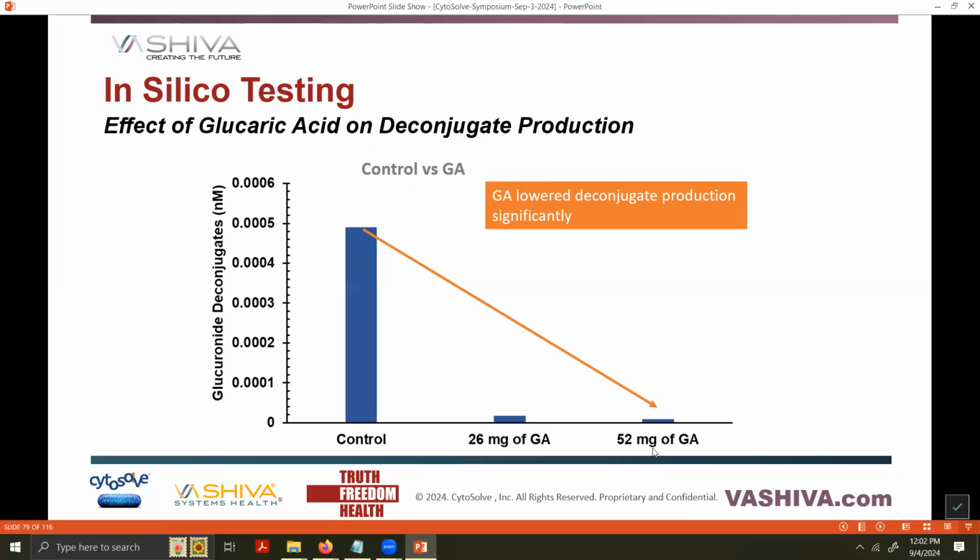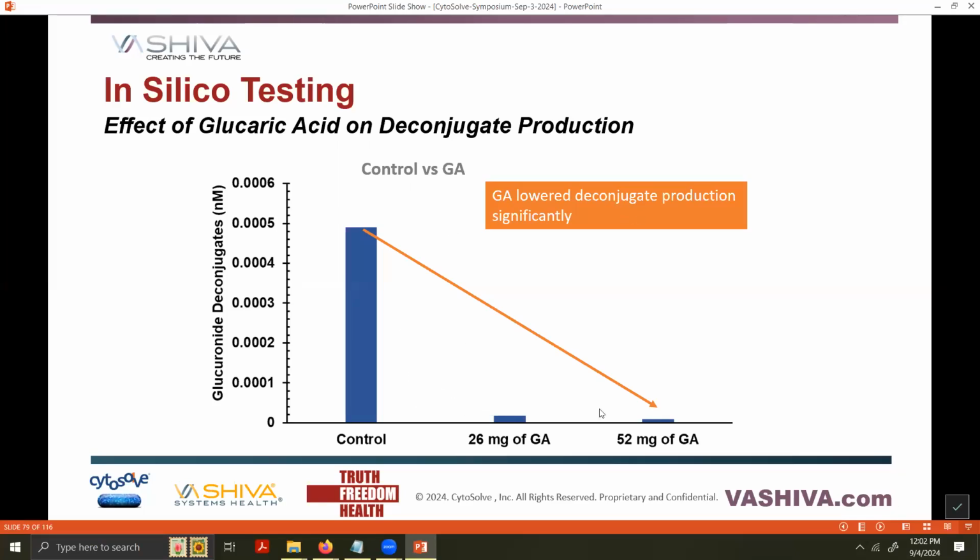These are based on what is available in some of these natural ingredients. There is a slight decrease from 26 to 52, but there's an immense decrease when you add just 26 milligrams of glucaric acid. So what this data also says is that you don't really need to add too much glucaric acid. This is a nuanced analysis that CytoSolve is able to give you as to the dosage levels as well.